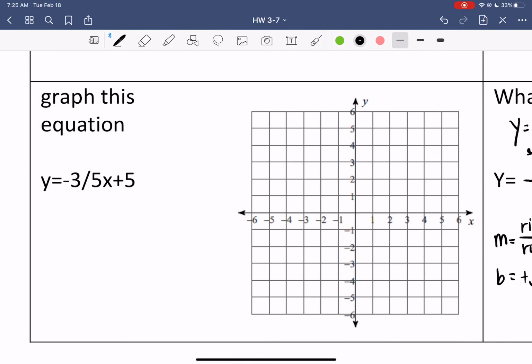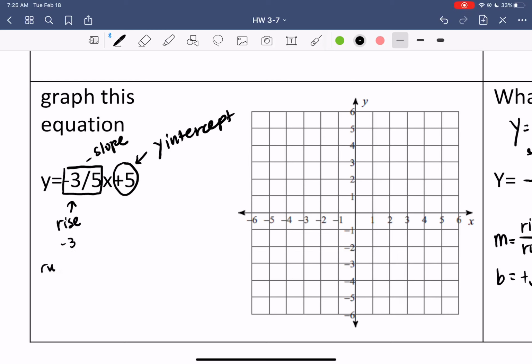Graph this equation. Again, this number right here is our y-intercept, and this number right here is our slope. So my rise is -3, and my run is 5. Starting by plotting the y-intercept, we'll go there. And then we'll want to rise 3.